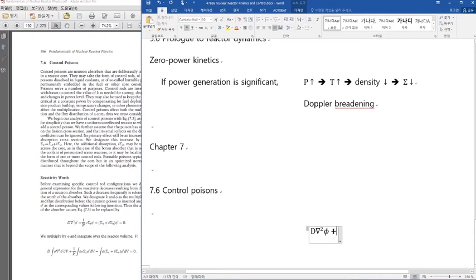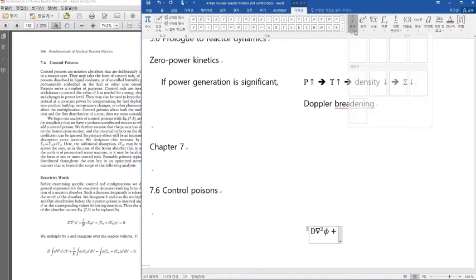And the second term would be, in fact, 1 over k, and it is highly likely that k equals 1.